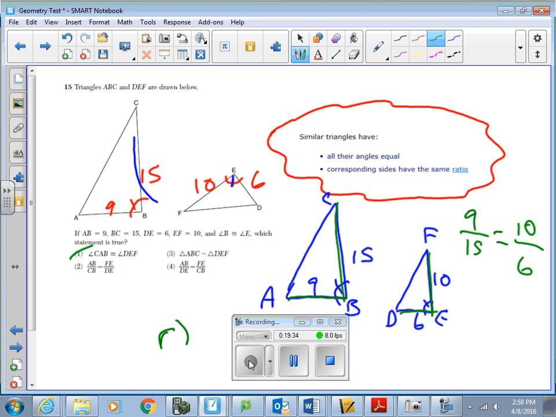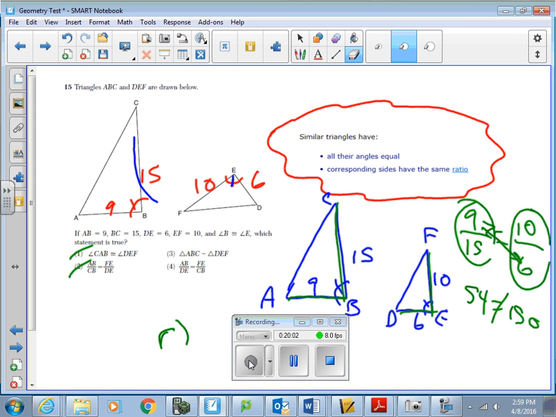It should be pretty clear, hopefully, that 9/15 is less than 1 and 10/6 is greater than 1, so I don't think they're equal. But if you cross multiply, you get 54. Is that equal to 150? That's our check. Obviously not. So when we cross multiply, it's not going to be the case. They are not equal to one another. So number 2 is not our answer.